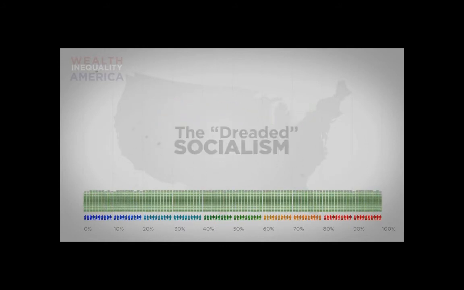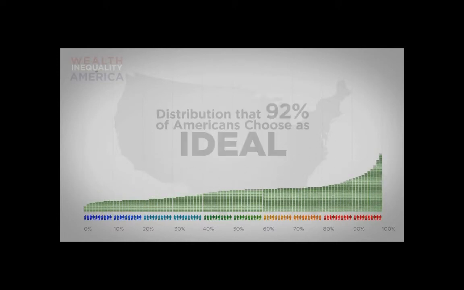Well, here's socialism, all the wealth of the country distributed equally. We all know that won't work. We need to encourage people to work and work hard to achieve that good old American dream and keep our country moving forward. So, here's that ideal we asked everyone about. Something like this curve. This isn't too bad. We've got some incentive, as the wealthiest folks are now about 10 to 20 times better off than the poorest Americans.